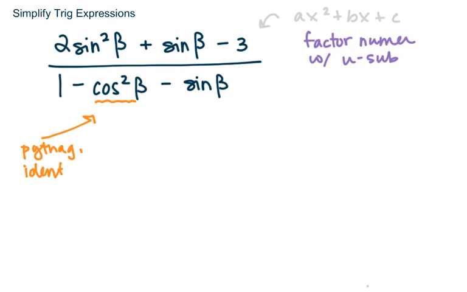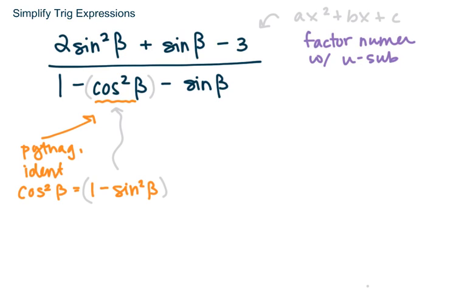So what do we know that cosine squared beta is equal to? Well, we know that sine squared beta plus cosine squared beta would equal 1. So that means cosine squared beta is 1 minus sine squared beta. So I'm going to be able to sub that in for this one term.